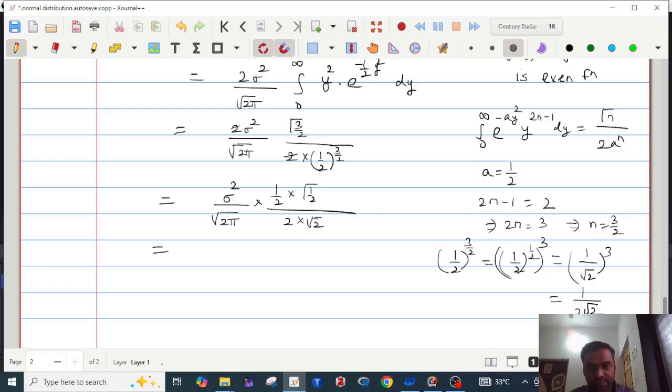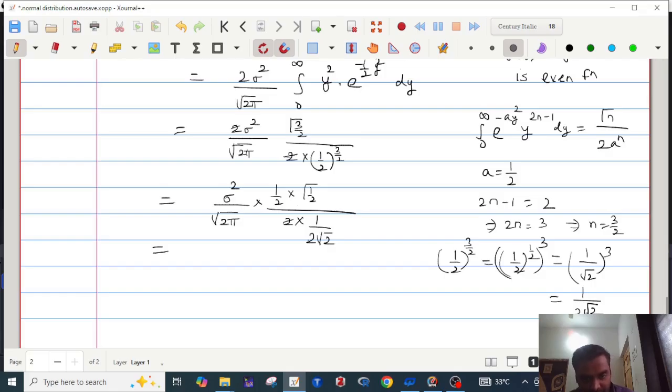So if you solve this, 1 half into gamma 1 half, I made a mistake here, just wait, into 1 upon 2 times root 2.